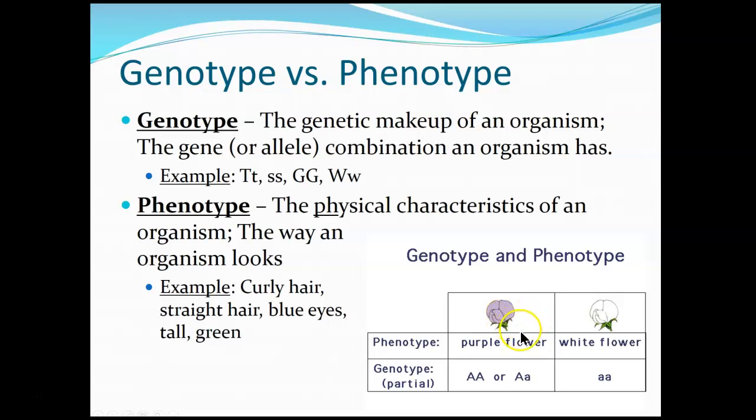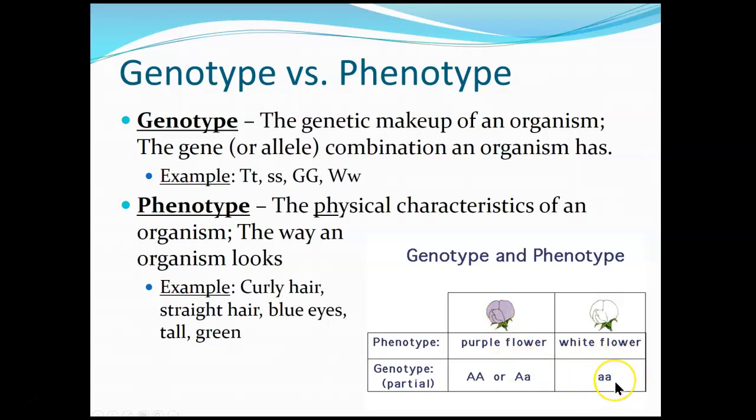Here we can see some of Mendel's work. He mixed a purple flower with a white flower. Purple is the dominant trait, so the flower is either homozygous dominant or heterozygous, but it would still be purple. White flowers are recessive.